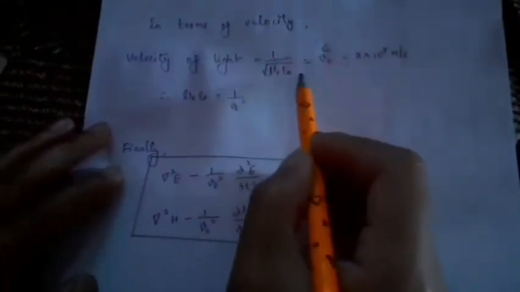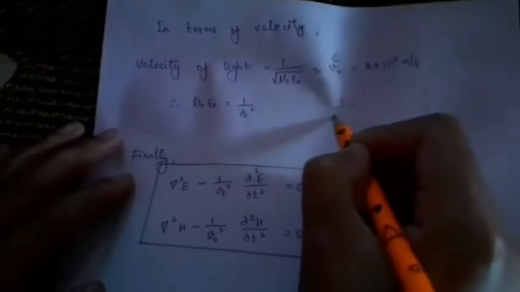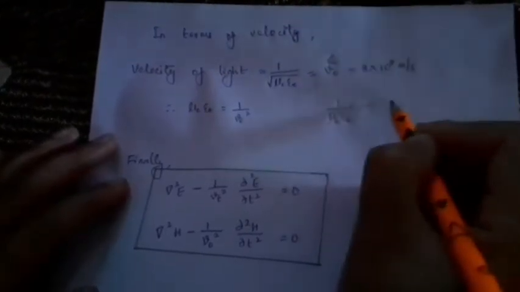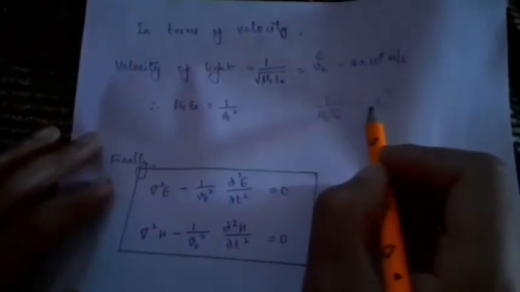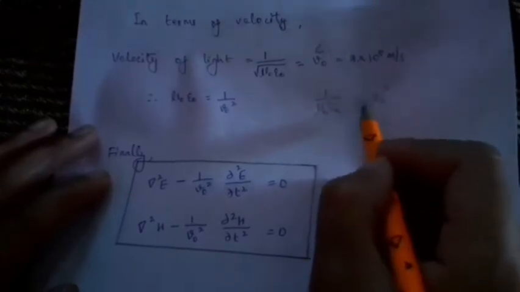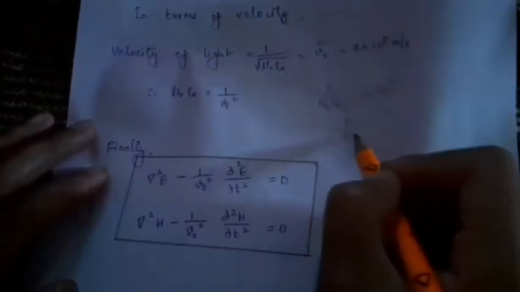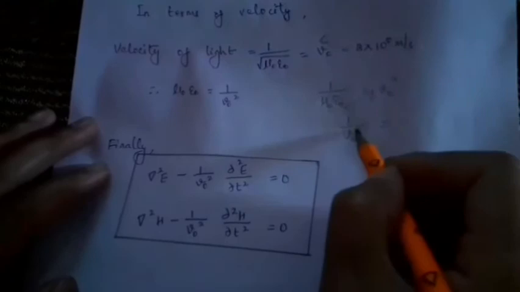Squaring on both sides, 1 by mu naught epsilon naught equals v naught square. Interchanging it, 1 by v naught square equals mu naught epsilon naught. Therefore mu naught epsilon naught is 1 by v naught square.